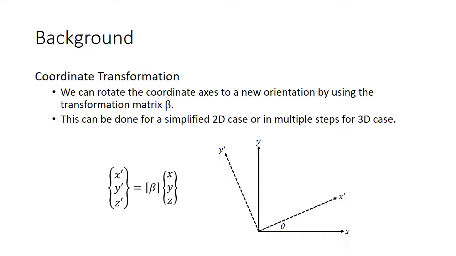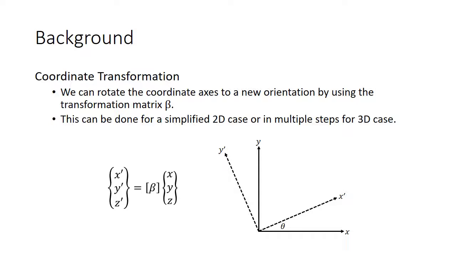Coordinate transformation is basically just rotating the current or original axis using the transformation matrix beta, which is a 3x3 matrix for the 3D case. It is derived by taking the dot products of new and old axes vectors, but we won't go into the math here today.